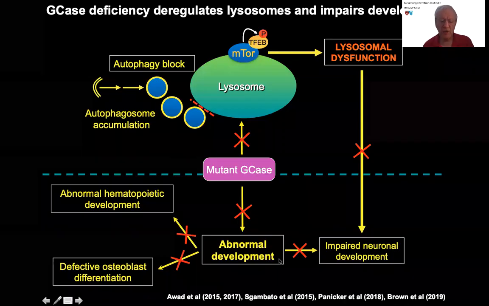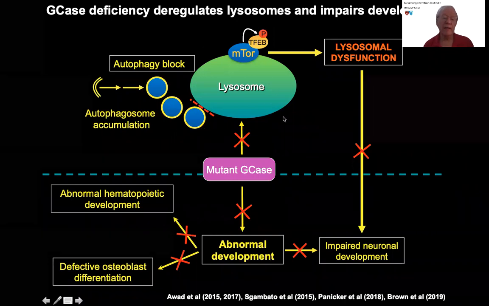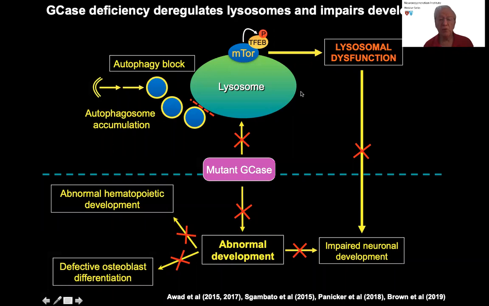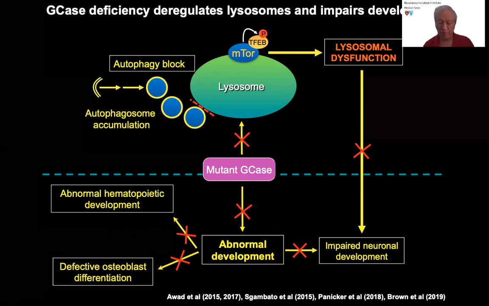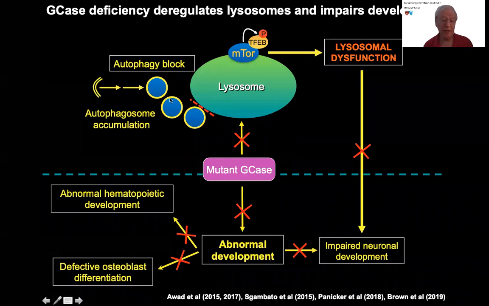What we have learned in the last few years, and we have published a few papers on this, is that, like everybody else knows, there are problems in the lysosome. There is a problem with lysosomal biogenesis, and there is a problem with phagocytosis.